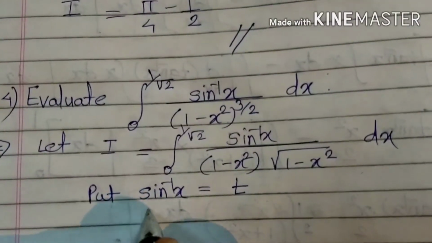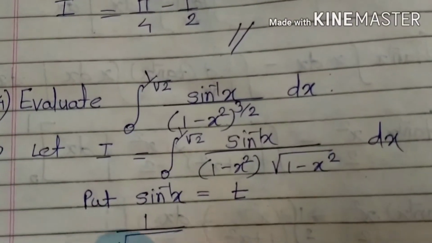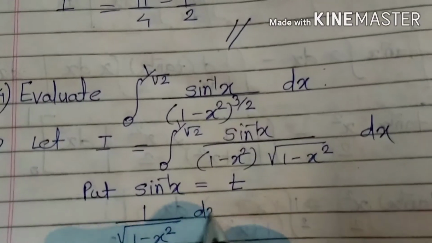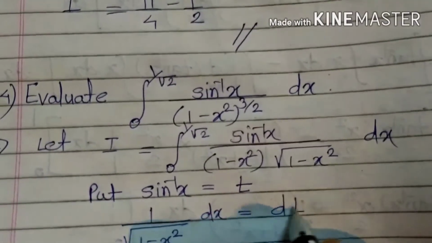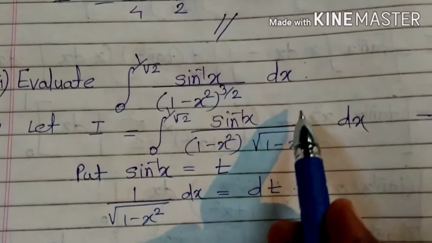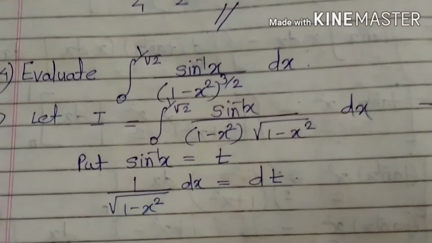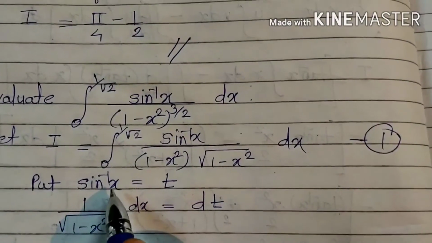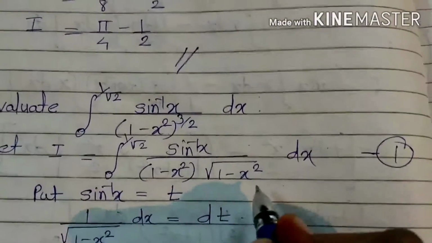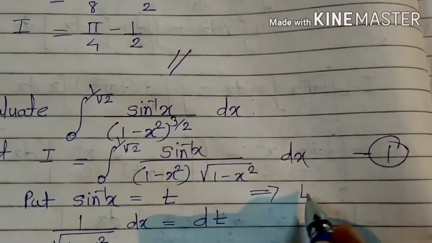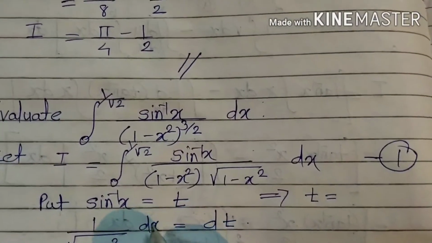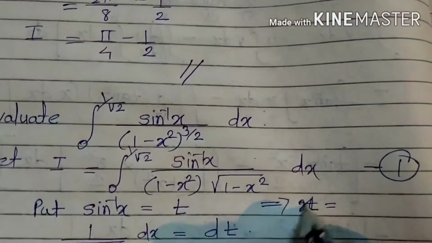So it is 1 upon under root of 1 minus x square, you can take dx directly and it is dt. So you can check 1 upon under root of 1 minus x square dx is dt. And here is also sin inverse x equal to t. So that's why, sorry, x is equal to sin t.